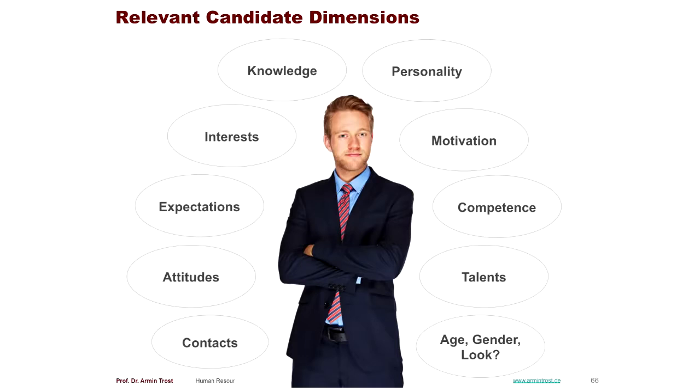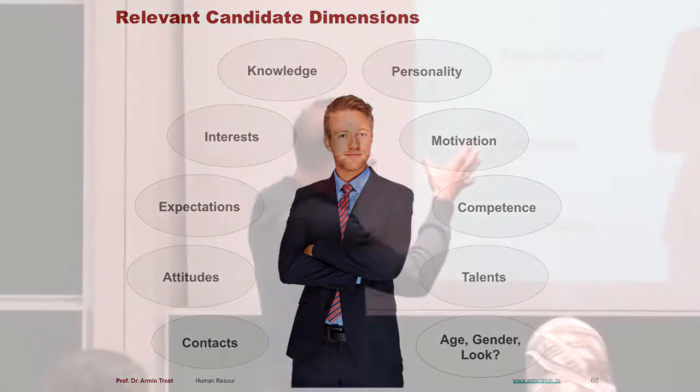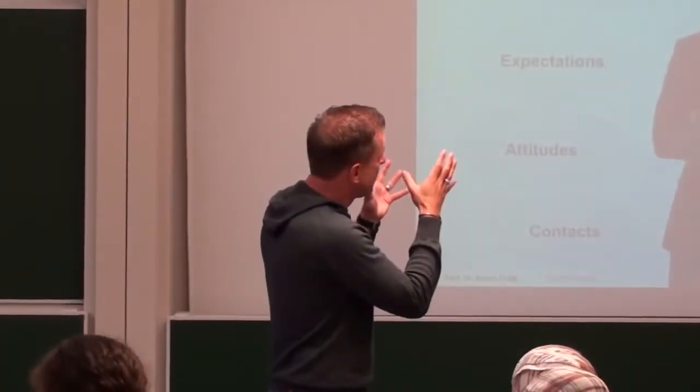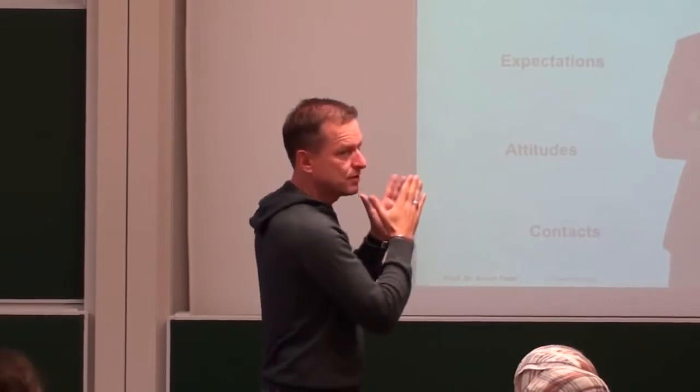Employees have certain attitudes. They bring in some contexts, relations to other social networks, and they have certain age, gender, and look. Yeah? So there are multiple facets around one single applicant.